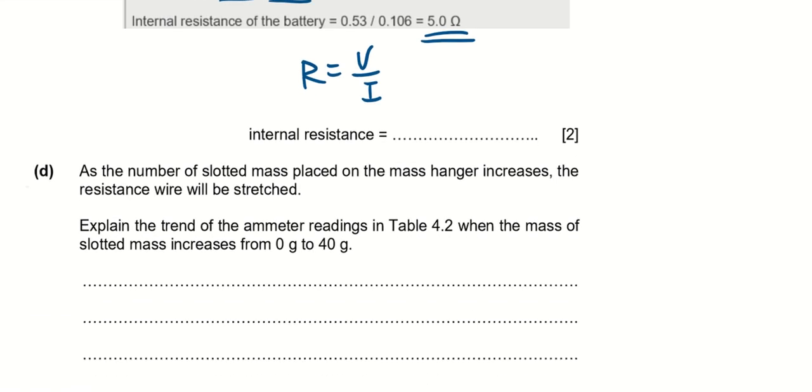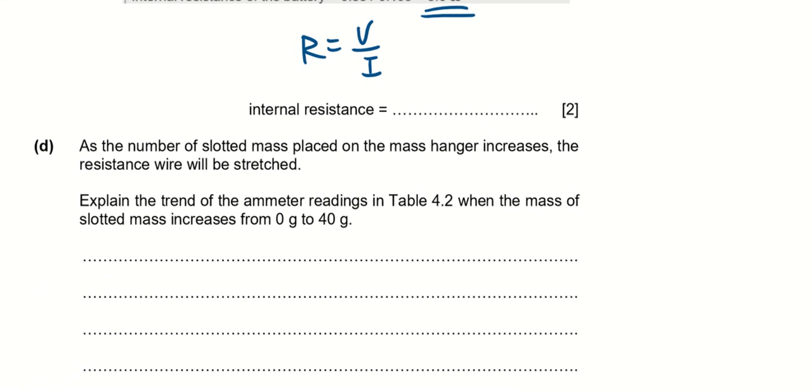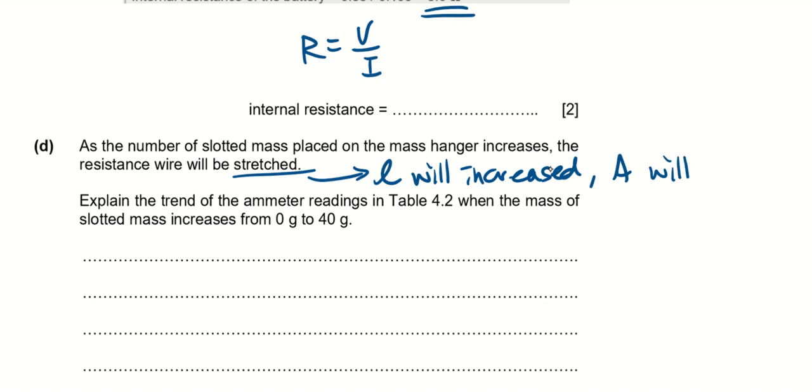Now, as the number of slotted masses placed on a mass hanger increases, the resistance wire will be stretched. When it is stretched, the length will increase, and I'm also thinking that the cross-sectional area will decrease. So what is the formula that we are relating it to? R equals rho L over A, right?